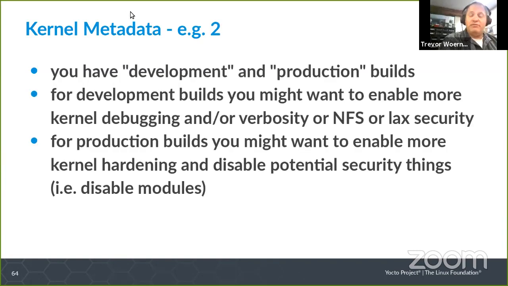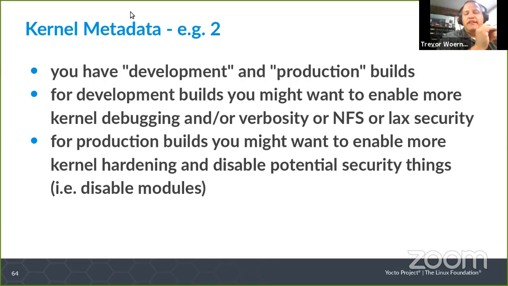As another example, let's say you have development and production builds. On a development board, you might want to enable NFS, and maybe you don't need to enable all the security features of the kernel, for example, and a lot of kernel modules and subsystems will have verbosity or debugging flags you can turn on. You might not want those in a production release.